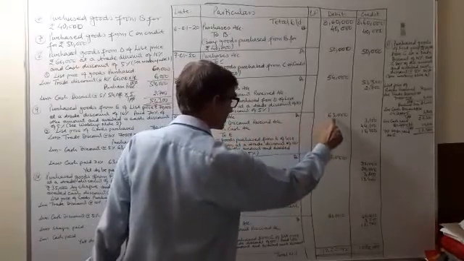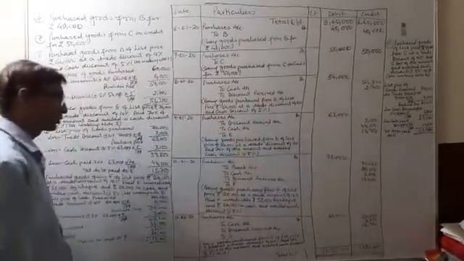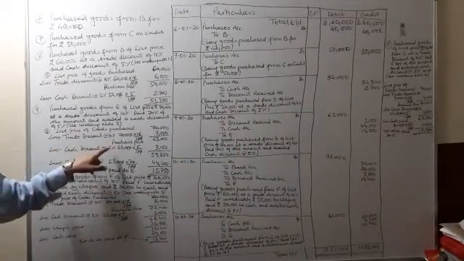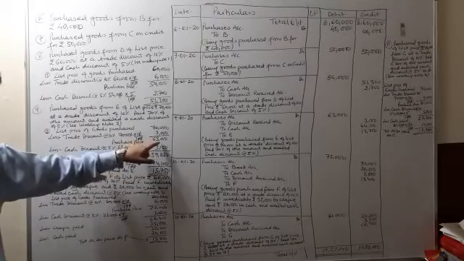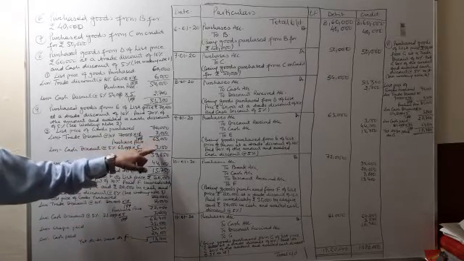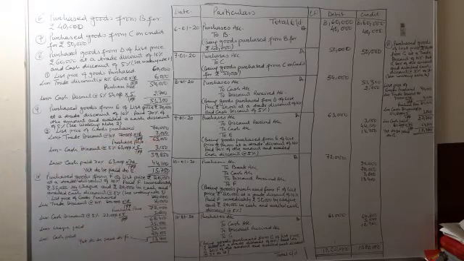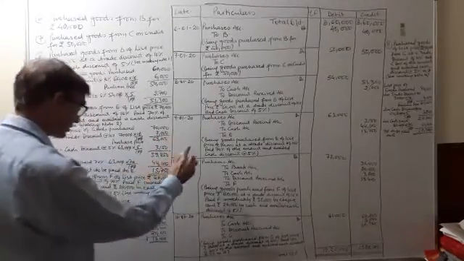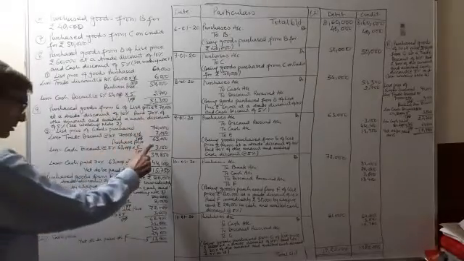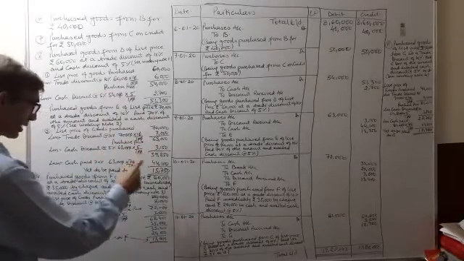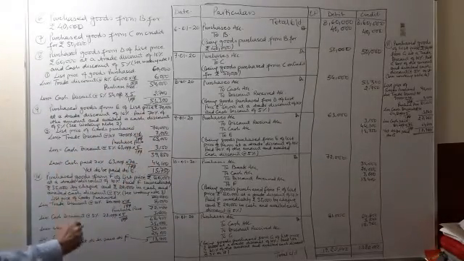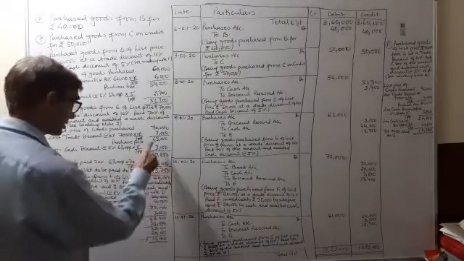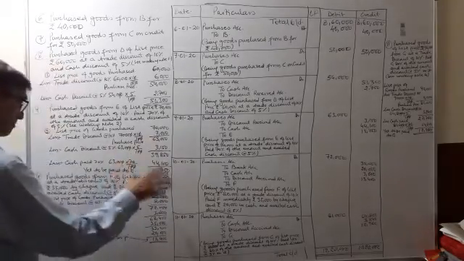Purchases account will be debited by rupees 63,000. Then less cash discount at the rate of 5%. 63,000 5% comes to 3,150. The balance left is 59,850. This is to be paid, and this cash discount we have received because we have paid 70% of the total amount immediately. 63,000 का 70% हमने pay कर दिया.